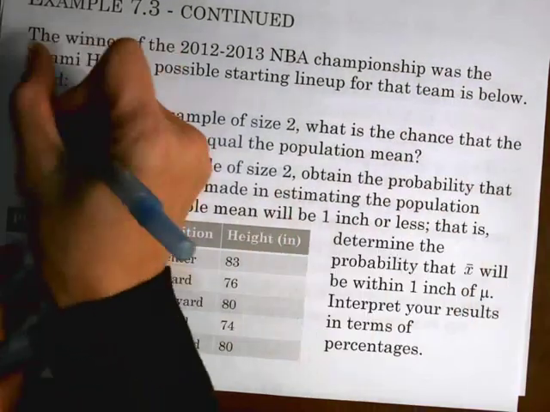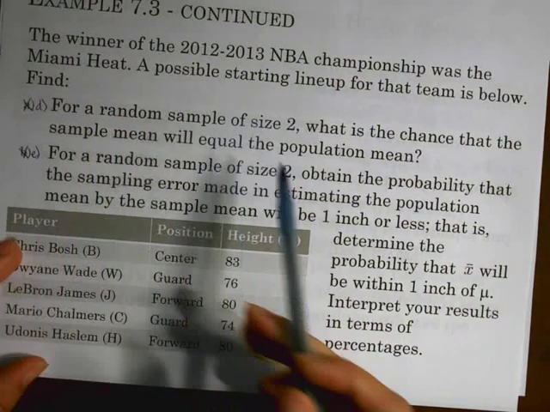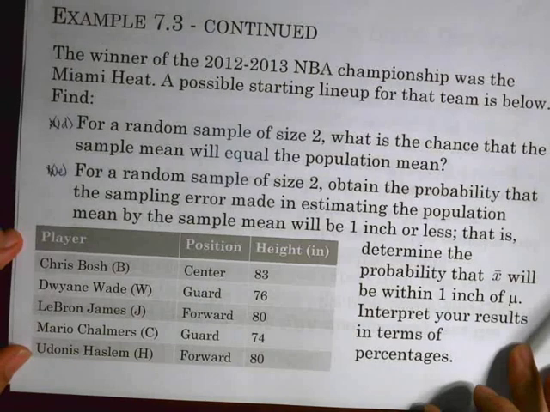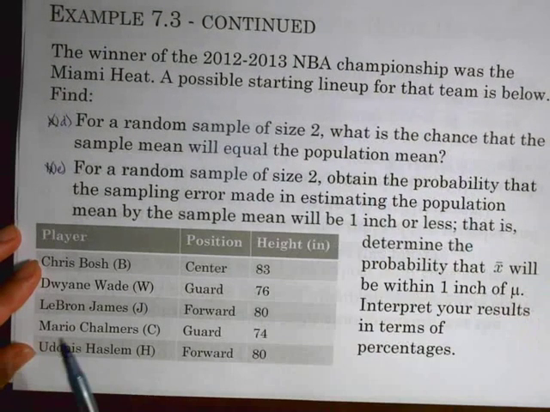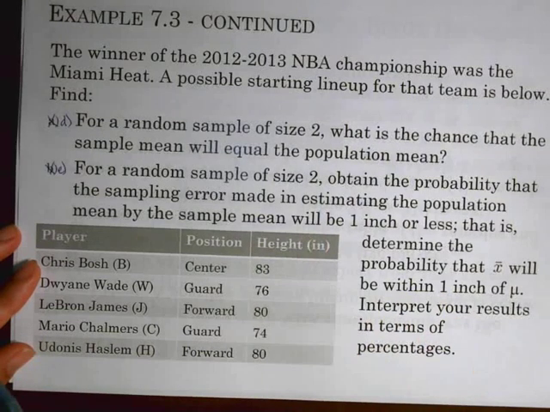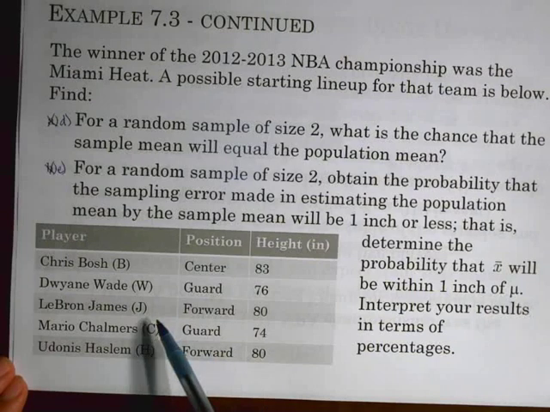So let's keep going with this. I want a couple more questions. And I'm actually going to cross this off and make this D and E. So for the same team, for this random sample of size 2, what is the chance that the sample mean will equal the population mean?